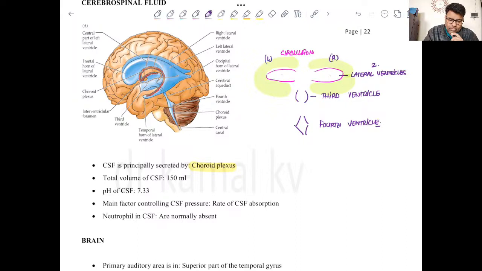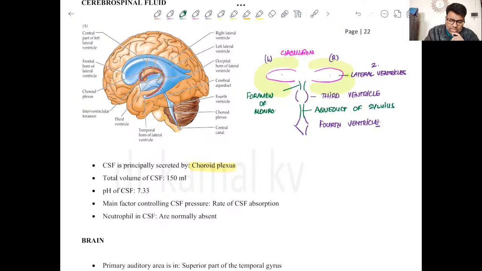Then they connect with the third ventricle through foramen of Monro. So this is foramen of Monro. Clear? Then the third ventricle connects with the fourth ventricle through the aqueduct of Sylvius. So this is aqueduct of Sylvius.